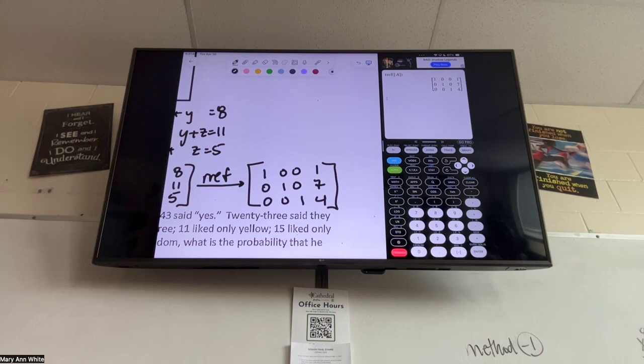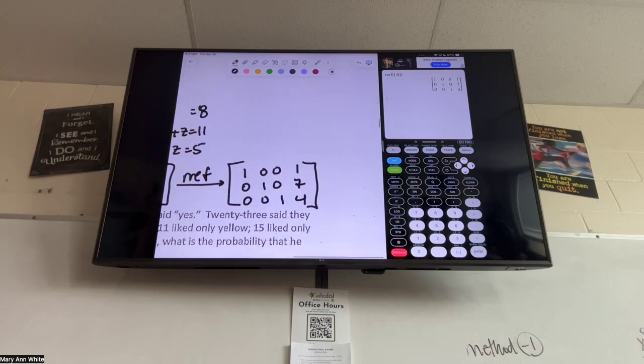What am I gonna replace X with in my Venn diagram? 1. What's my Y gonna be? And what's my Z gonna be? Perfect. So instead of having to solve that out, we've got all of our numbers and we're gonna use that to figure out the probability of the questions that they asked us.